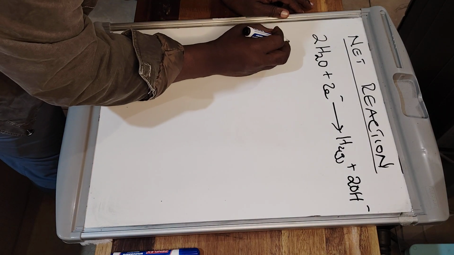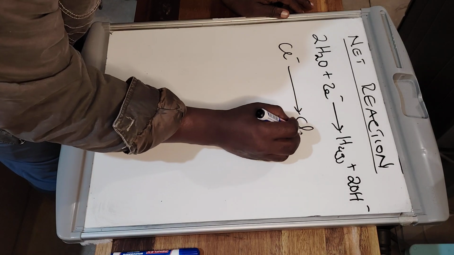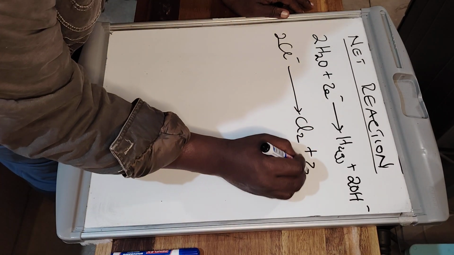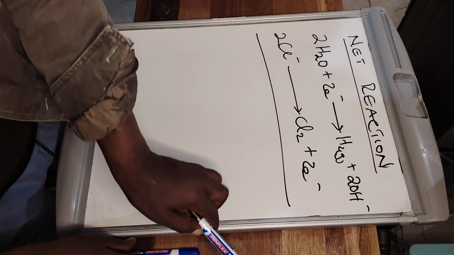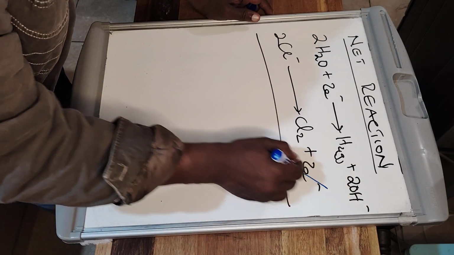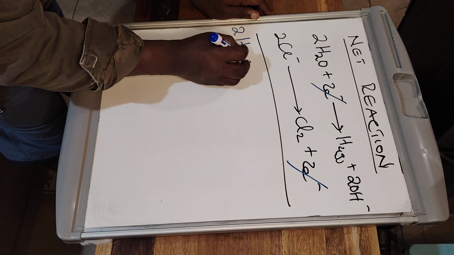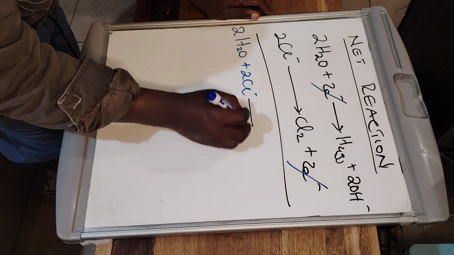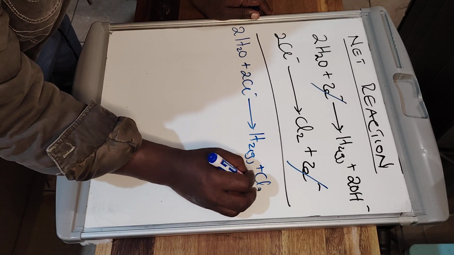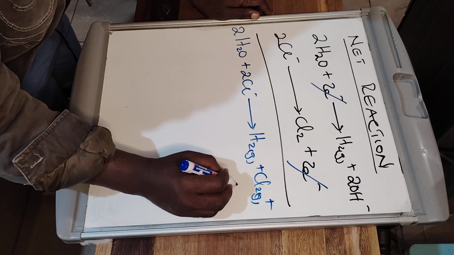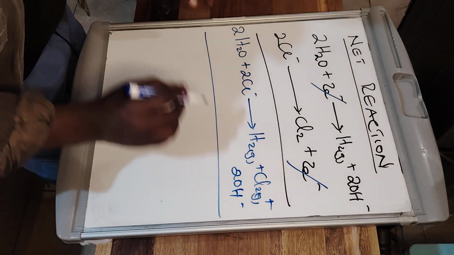The half reaction at the anode, it was chloride ion becoming oxidized to chlorine. So when you look at these two reactions, getting the net requires you to cross out these electrons, and you remain with 2 water plus 2 chloride ion, giving you H2 gas plus Cl2 gas plus 2OH minus. So this is the net.